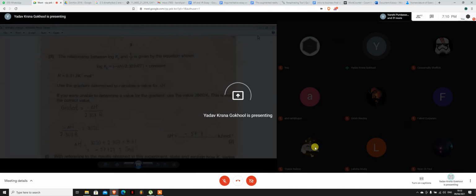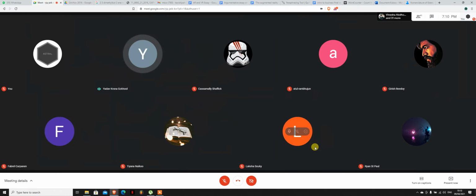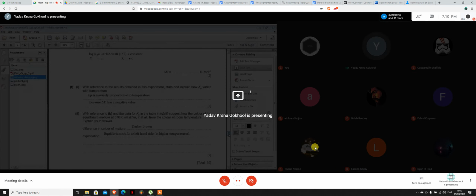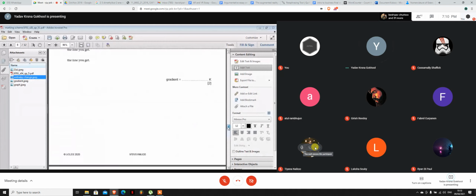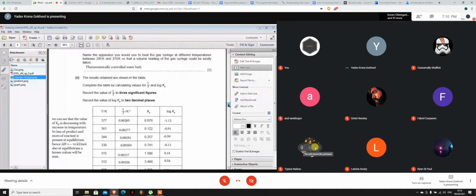So now when you get this delta h to be negative, then Cambridge is using this part for you to answer F part 1 and F part 2. But, okay, all right.